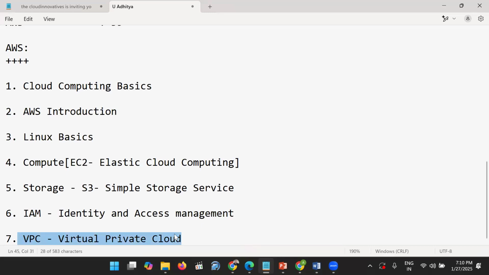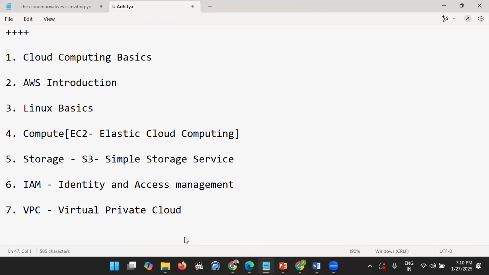There are many features in the VPC, such as VPC peering and VPC endpoints. All those things we can cover in the virtual private cloud. And also I have to cover the database concept. That is, using AWS, how we can connect MySQL. For that, what steps do we have to follow?